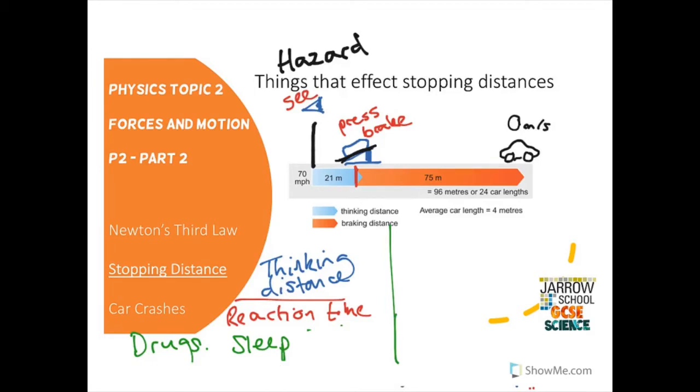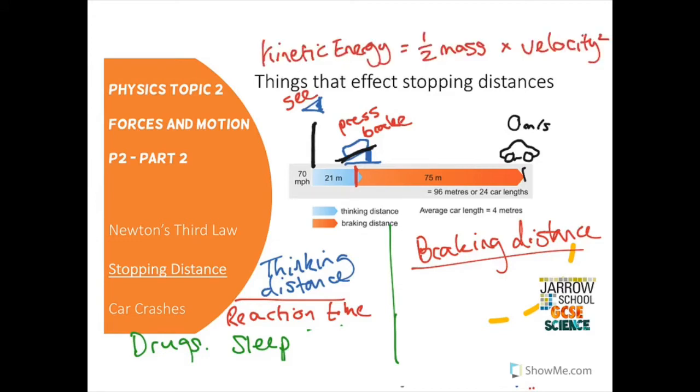The braking distance starts when the brake is being pressed, and it finishes when the car has come to a stop. Now, for the students trying to push themselves for higher grades, the kinetic energy equation, which we'll look at in physics topic 3, is kinetic energy equals half mass times velocity squared. What has to happen when a car brakes is it has to turn that kinetic energy into other forms of energy.